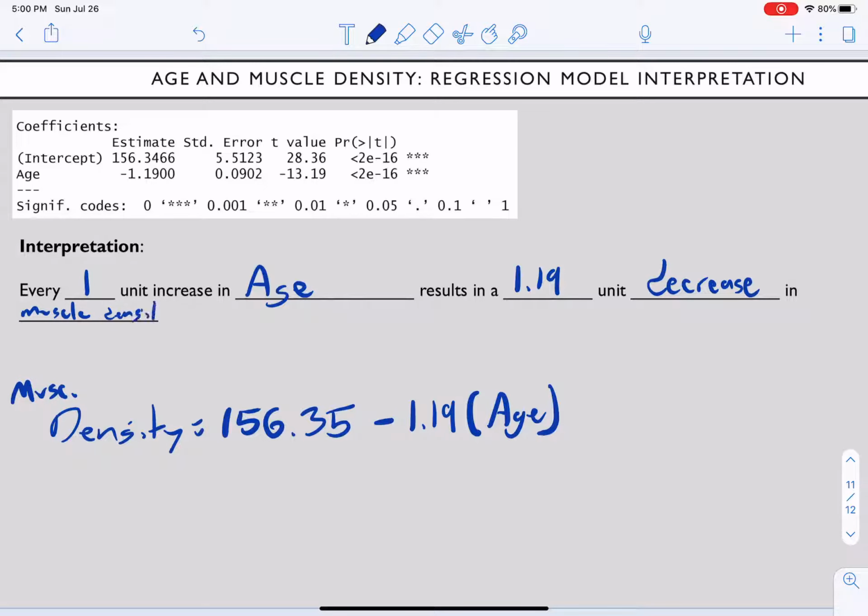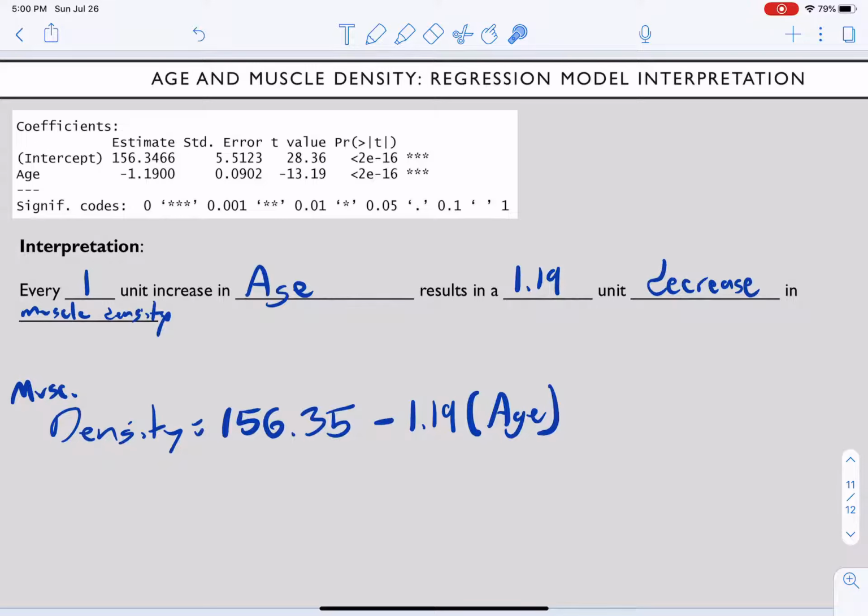And that's the relationship between these two variables, which is pretty sweet, I think. So every time we increase age by 1 unit, by 1 year in this case, the whole story is going to change by 1.19. By negative, it's going to decrease by negative 1.19. Okay. All right. Very cool.